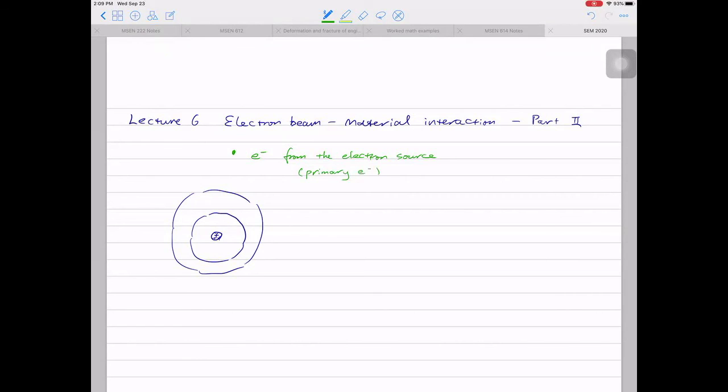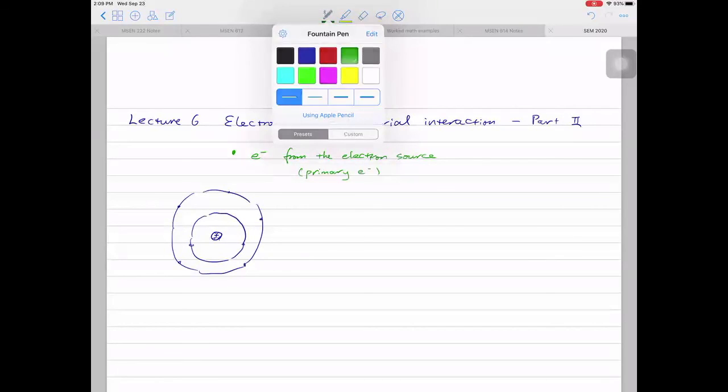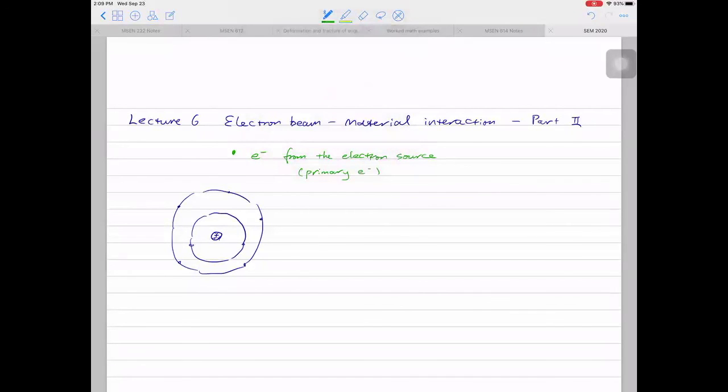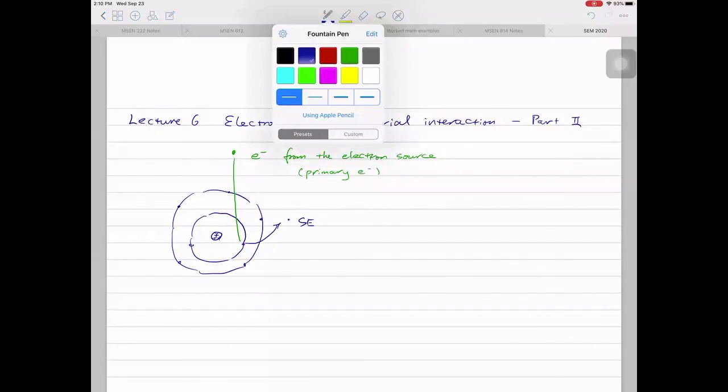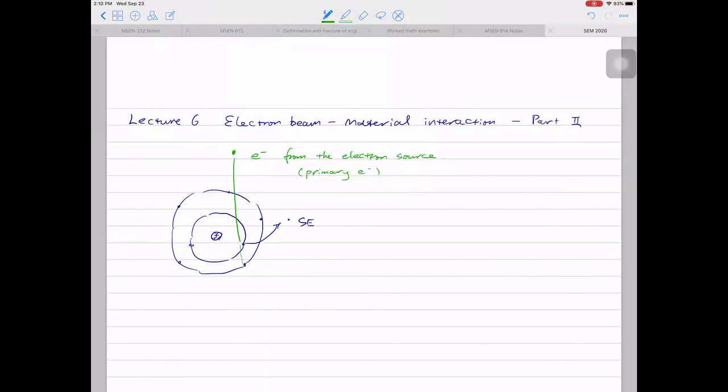I've got to draw the electrons we have in the material. Then the generation of the secondary electron: the primary electron is of such high energy that it can knock out an electron. So this is the SE. Then the primary electron will just keep traveling.